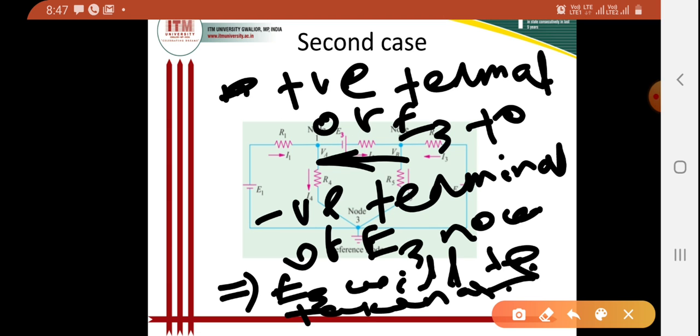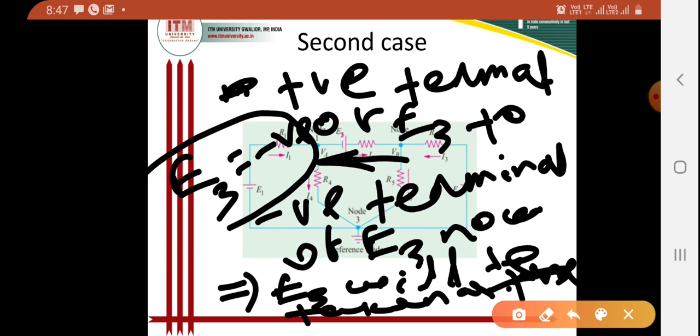E3 will be taken as negative when you move from node 2 to node 1.